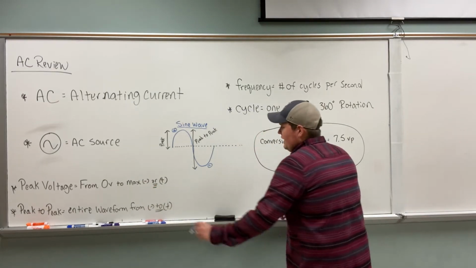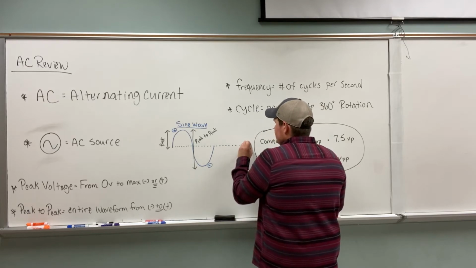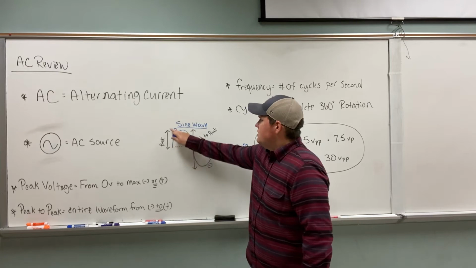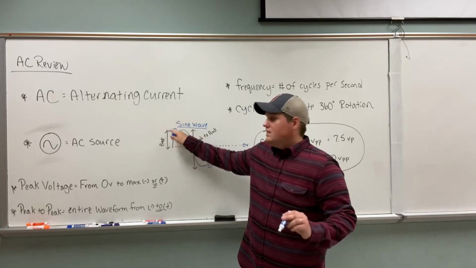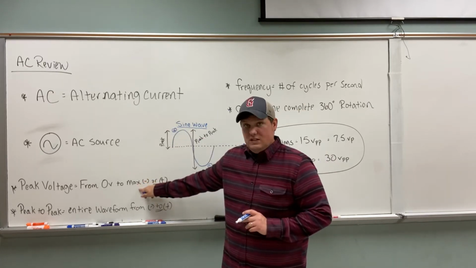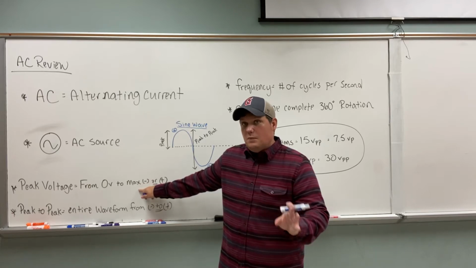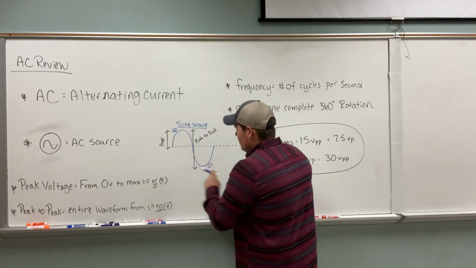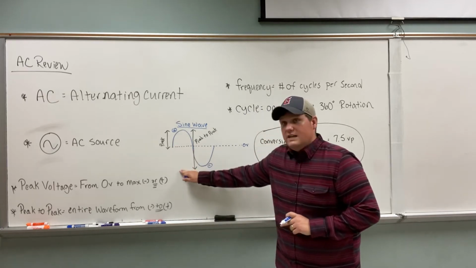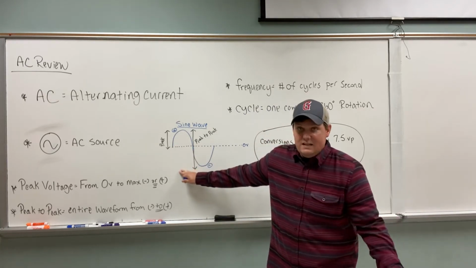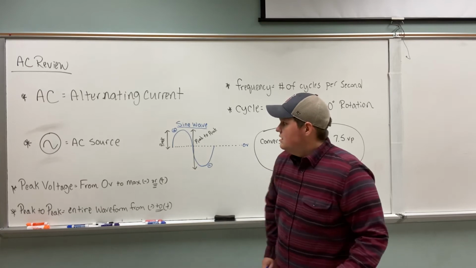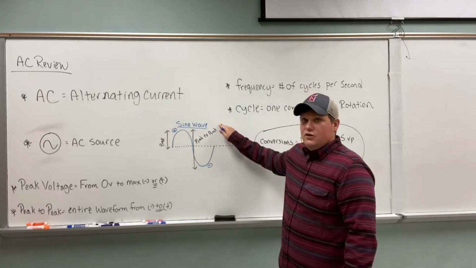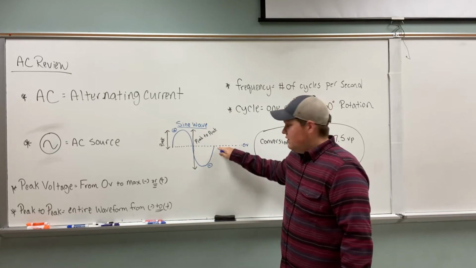So if I'm measuring that waveform from this 0 volt reference line, from here to here would be the maximum peak voltage in the positive direction. And then from the 0 volt reference to here would be the maximum negative peak voltage. So peak voltage is just taking it from 0 volt reference to either positive or negative.